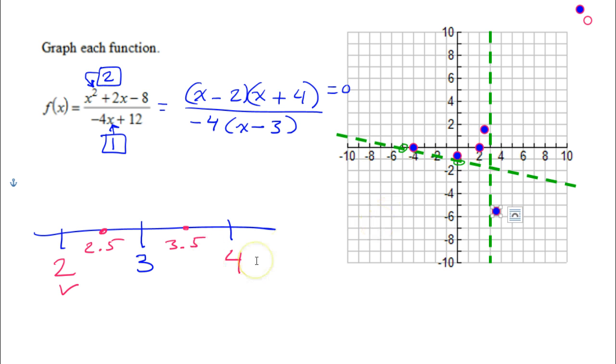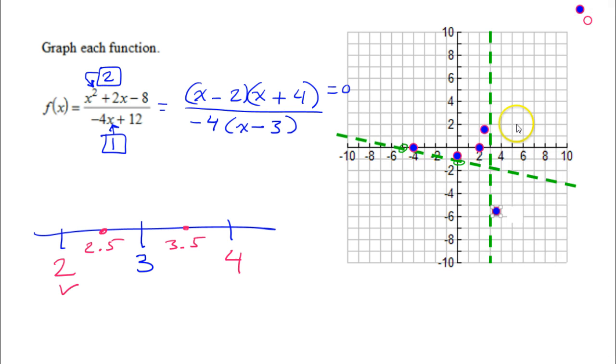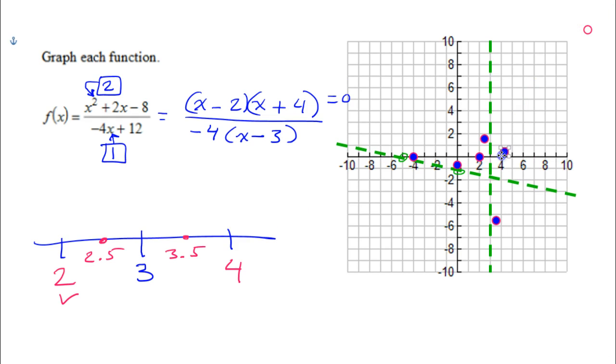And one more, let's see where we are at 4. At 4, we're at negative 4, so 4 comma negative 4. We are right about here.